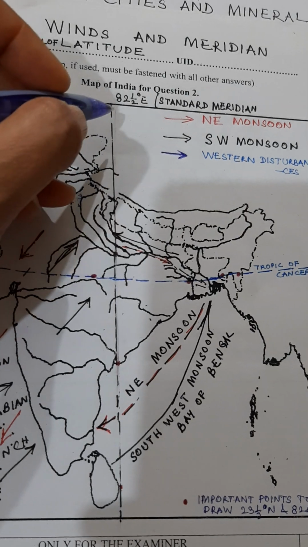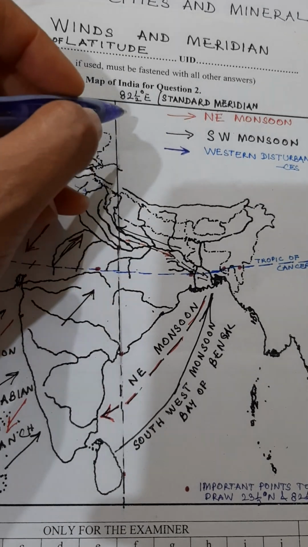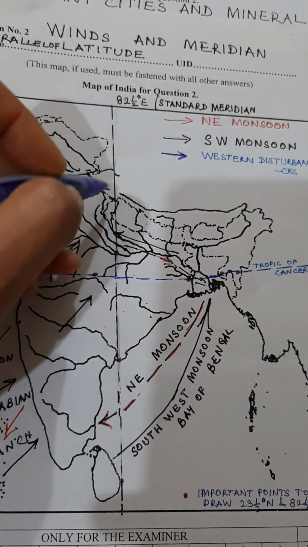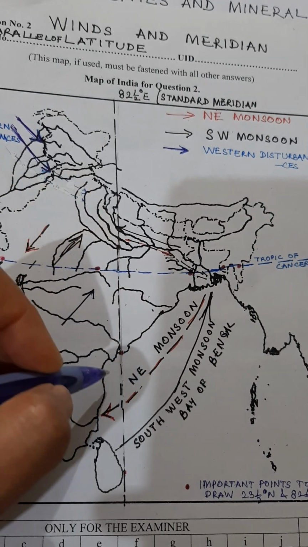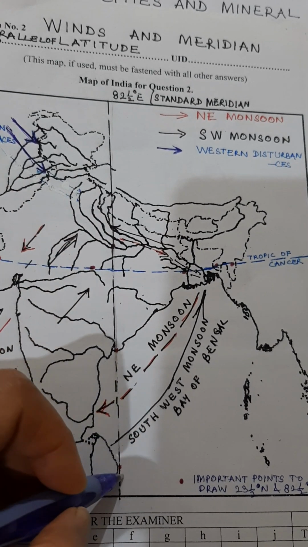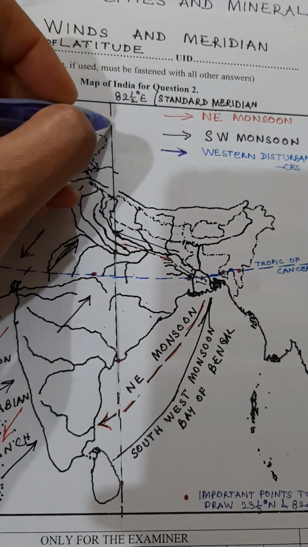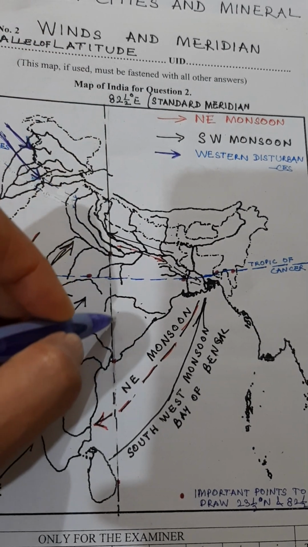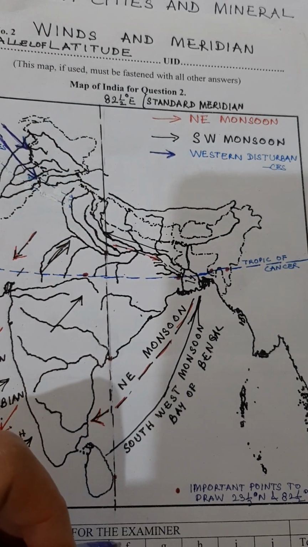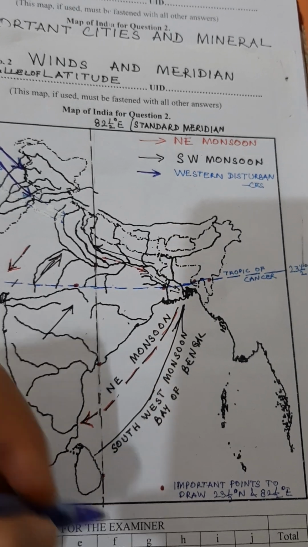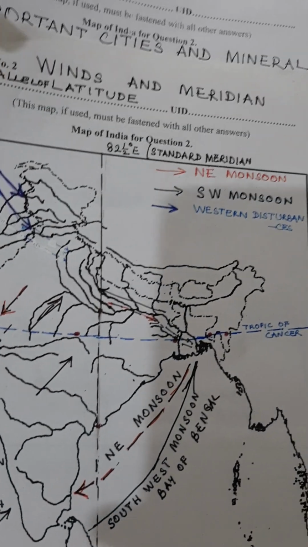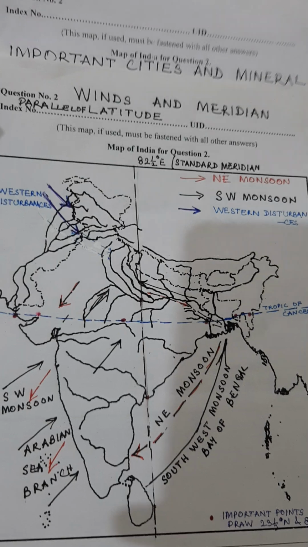And I join this with a straight line, but again the line cannot be straight because these three points are not collinear points. So with the free hand, I am going to draw a straight line passing through these three points. Okay, so this is the 82.5 degrees east meridian or standard meridian for a country.